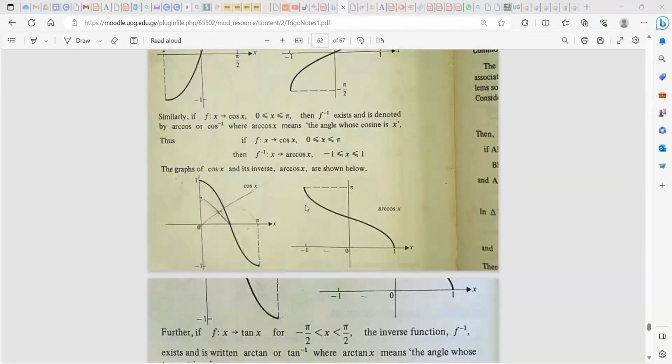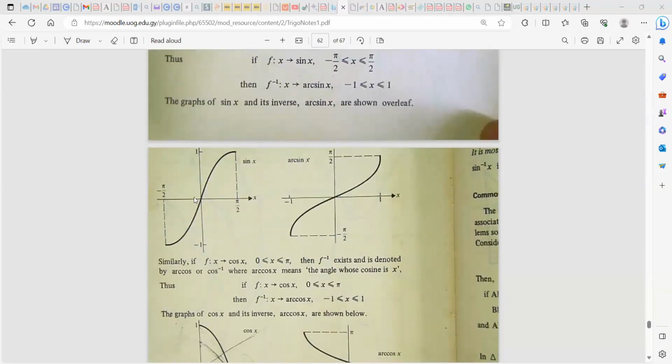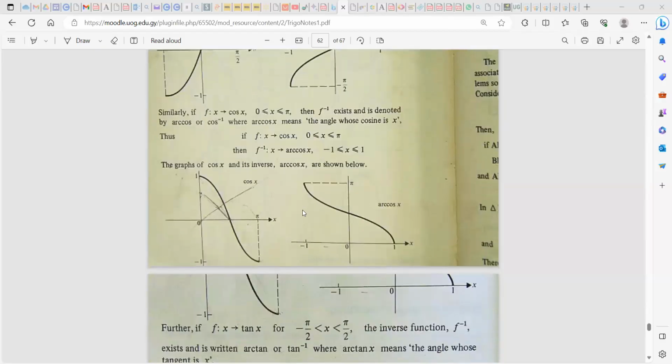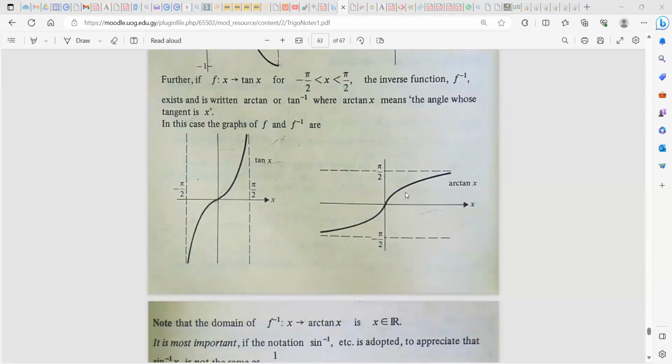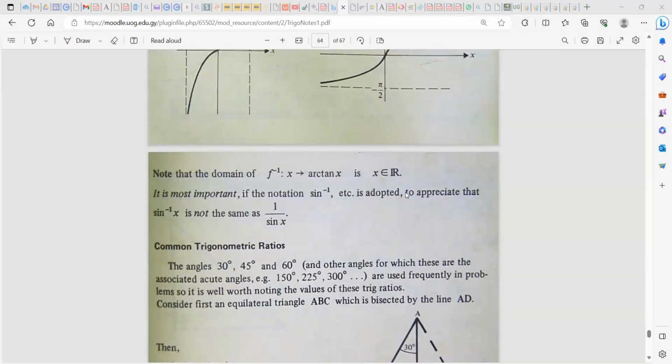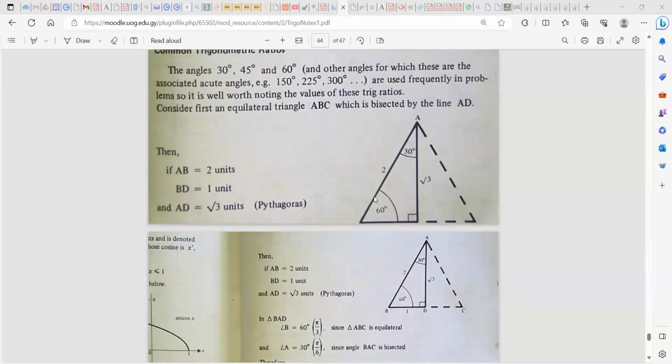Maybe not so much in this course, but get familiar with it. This is our sine, this one is our cos, and this one is our tan. Very useful graphs in calculus. Know their properties, get an idea of what they look like, and how they arrive at the graph. It's good for you to figure that out. I think you know all of this, how to figure out these common trigonometric ratios.